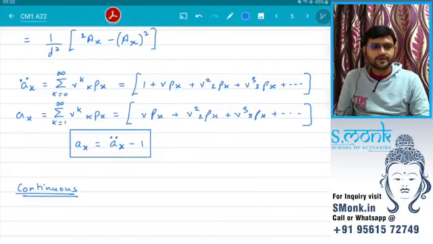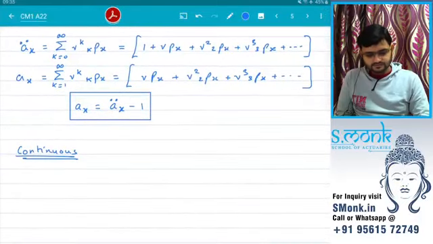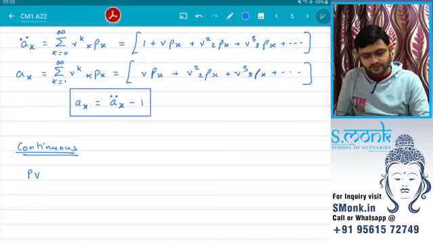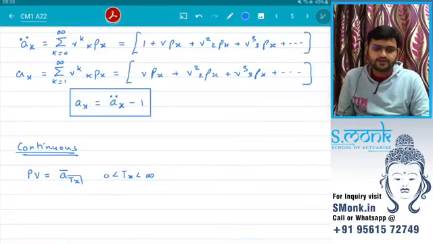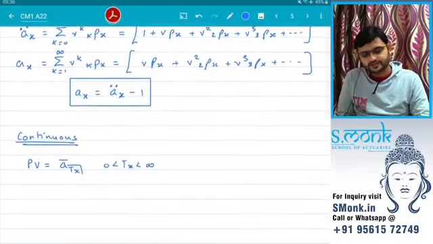Let's talk about payment in continuous. So the present value for this would be simply a bar of Tx, where Tx is going anywhere between 0 to infinity. So payment is given continuously till time of death, exactly till time of death, and then we are stopping, because we are giving continuous payment, right?